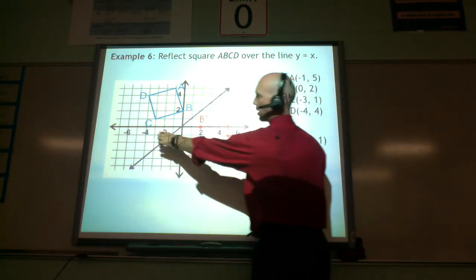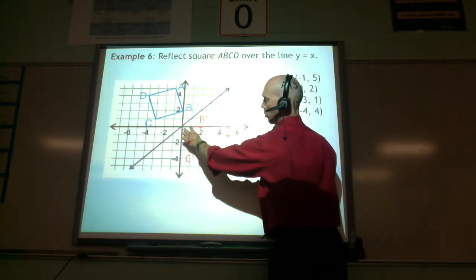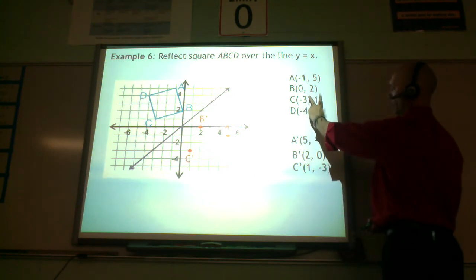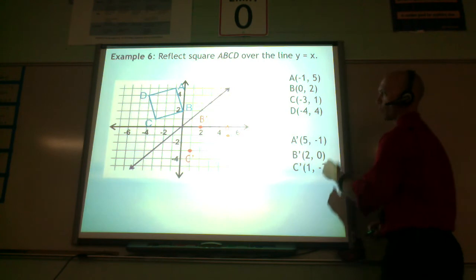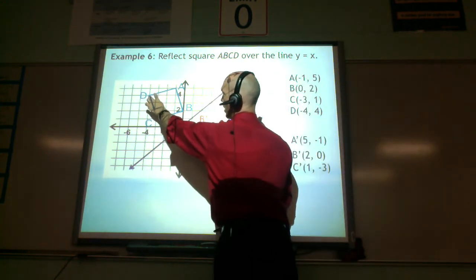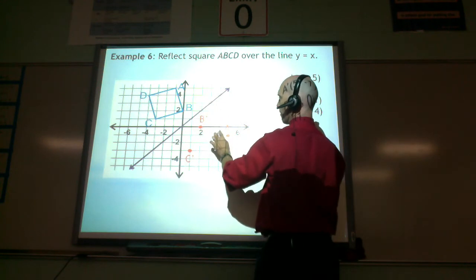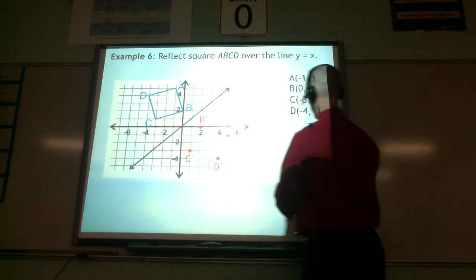Now this ordered pair, remember, it was negative 3, 1. What's this one? 1, negative 3. Look at that. Negative 3, 1. Flip it. 1, negative 3. I'm guessing flip before negative 4. Let's see if that's right. 1, 2, 3, 4, 5, 6, 7, 8. Guessing right there. That ordered pair is 4, negative 4.